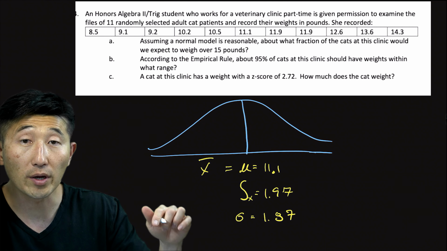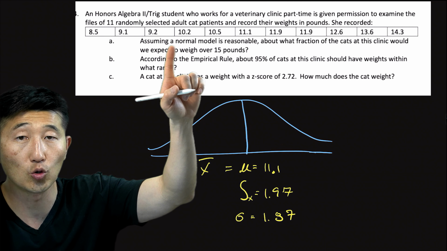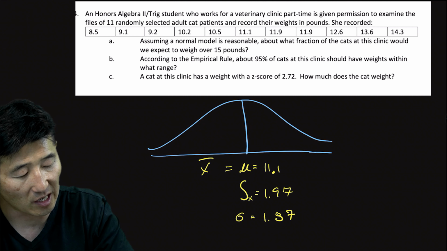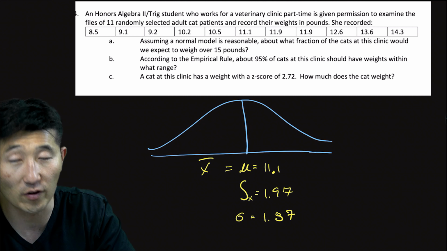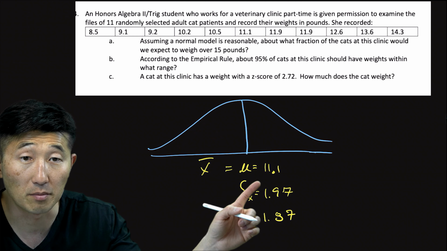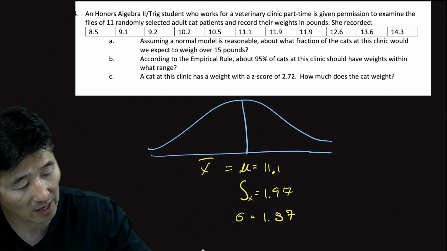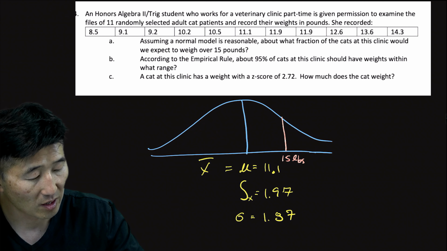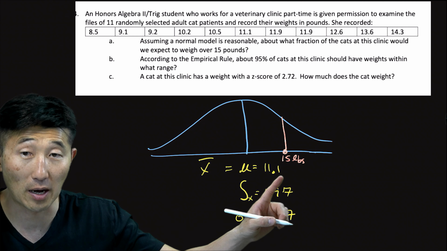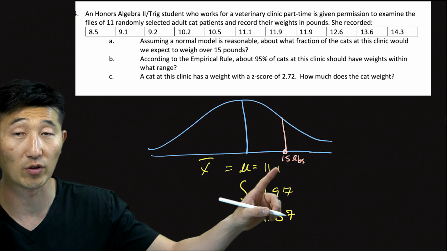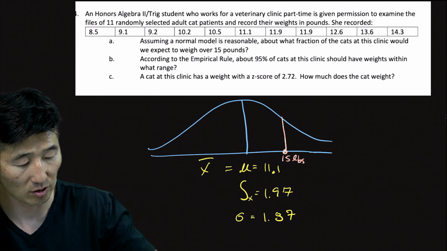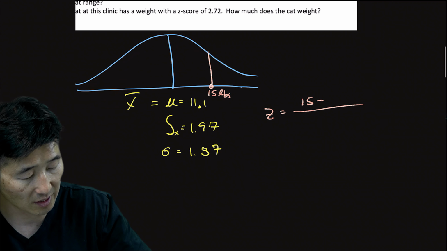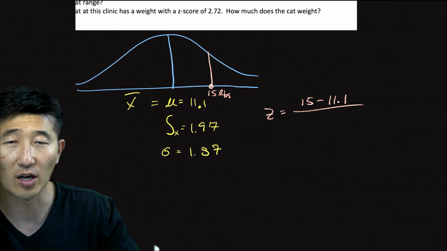Okay, so now read the question carefully. Assuming a normal model is reasonable, about what fraction of the cats at this clinic would we expect to be over 15 pounds? Now, the mean is 11.1, so 15 pounds is right about here, right? Yes. So if this is 15 pounds, we need a z-score associated with 15 pounds. So how do we do the z-score? Z equals 15 minus 11.1 divided by, now which number should I use?